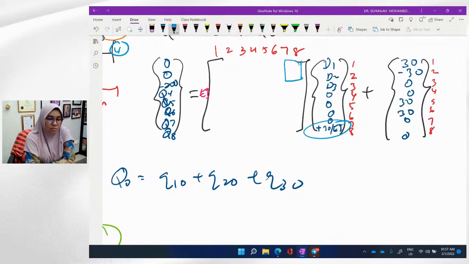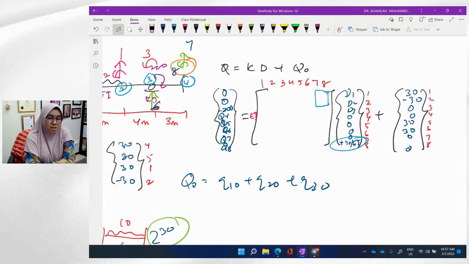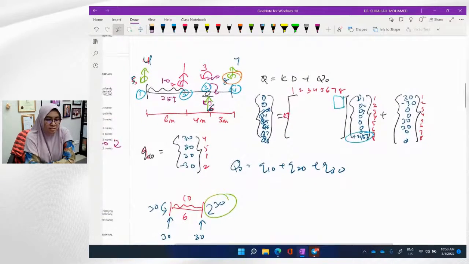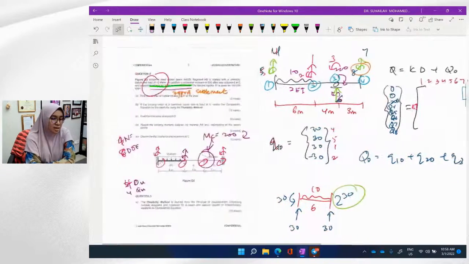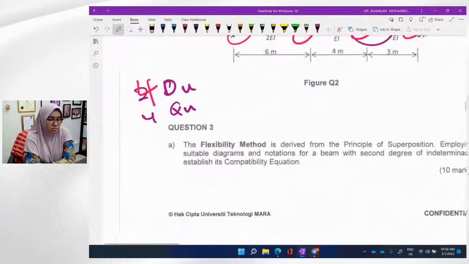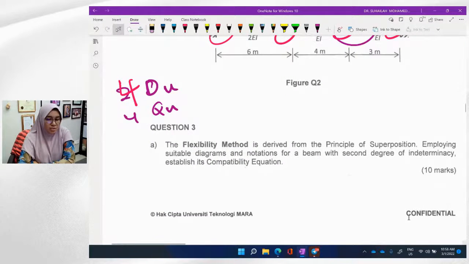So the K values at positions 1 8, 2 8 and 3 8 must be multiplied by this 30 over EI. Then only we can proceed. So this is about the stiffness method for beam considering support settlement.